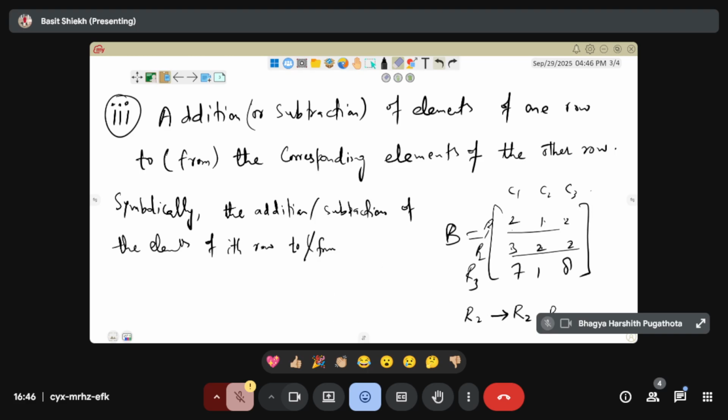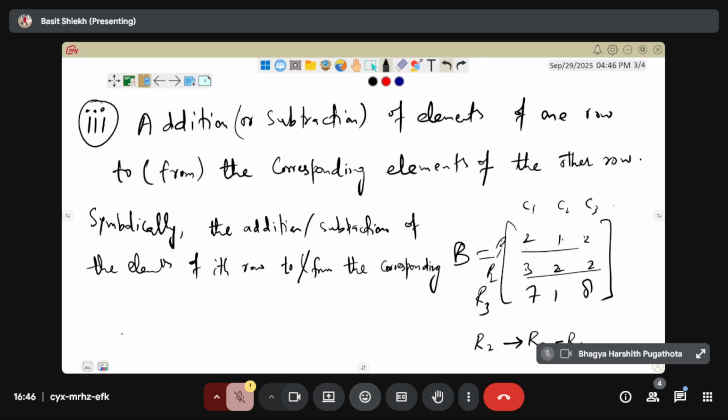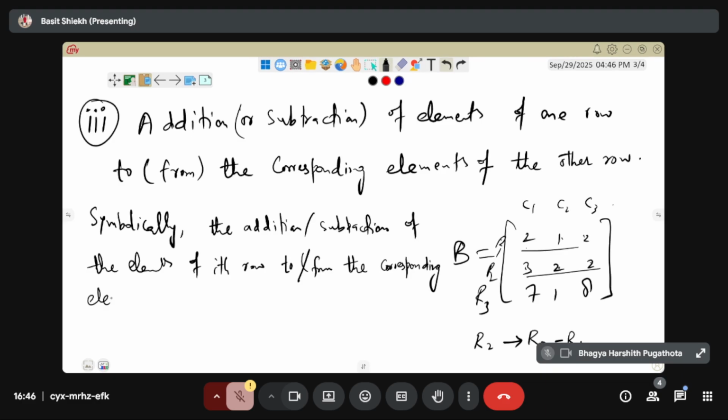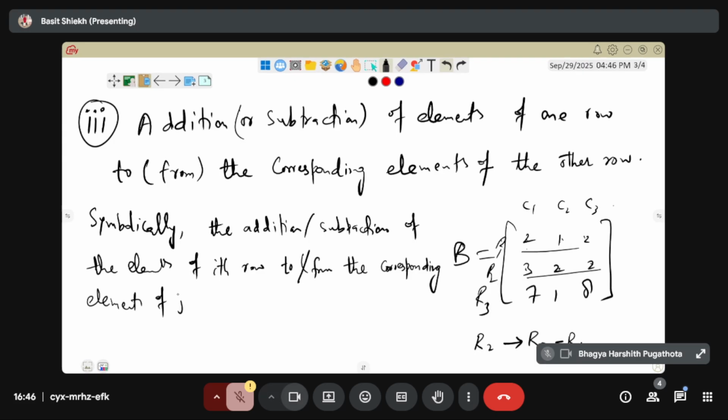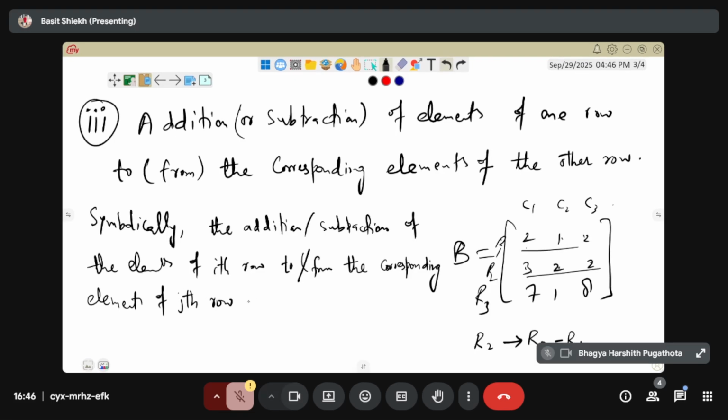That I will write here: from corresponding elements of the jth row, denoted by Ri goes to Ri plus minus Rj.